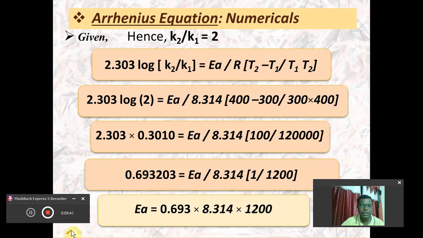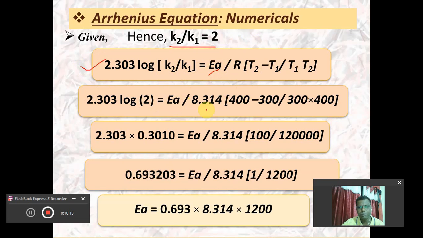With this condition that K2 upon K1 is equal to 2, and T1 is 300 Kelvin and T2 is 400 Kelvin, again energy of activation is to be calculated. With this condition, if we put all these values in this Arrhenius equation, log K2 upon K1 becomes log 2.